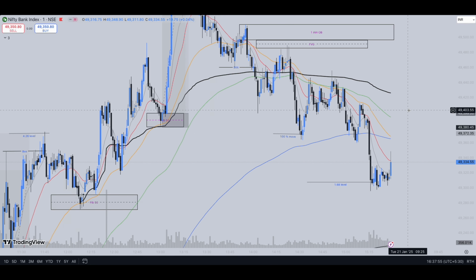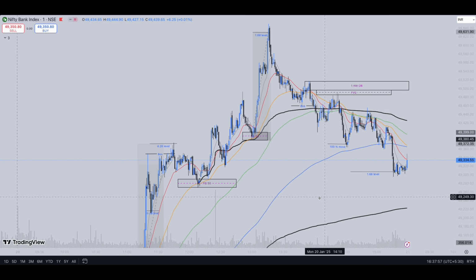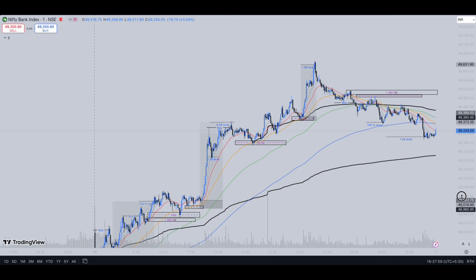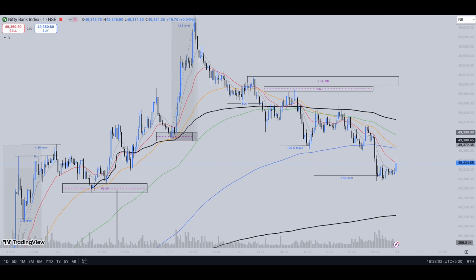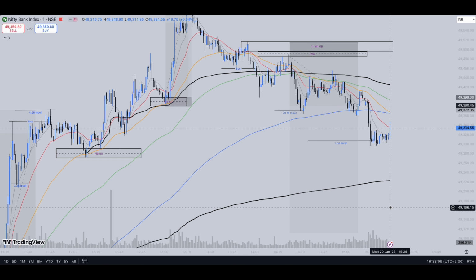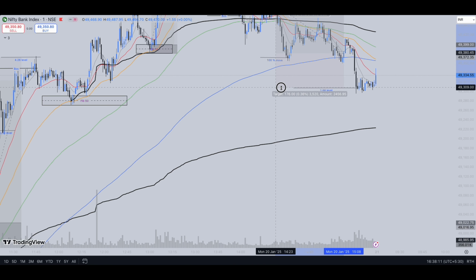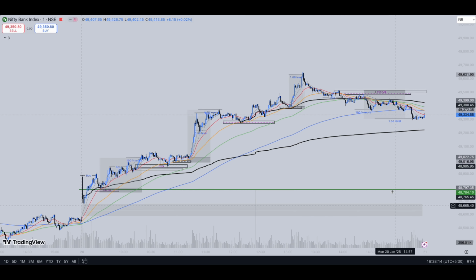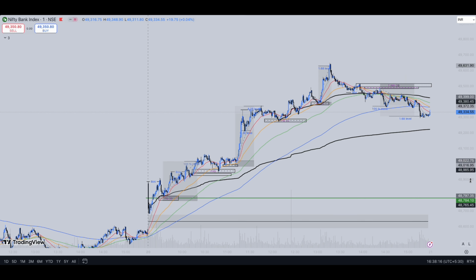These are the two levels where you could have easily targeted, guys. So if you have taken a short position over here, keeping your stop loss just above this zone, you could have all the way targeted this level. These are the best trades you could have taken, guys.